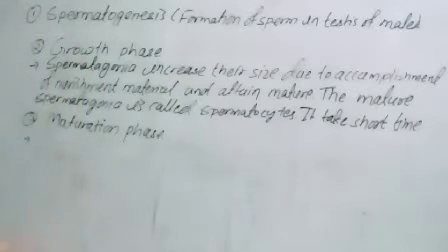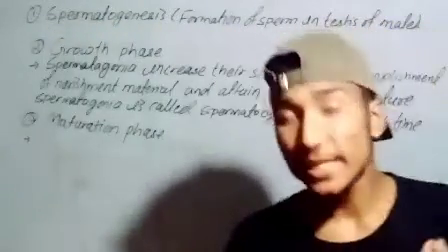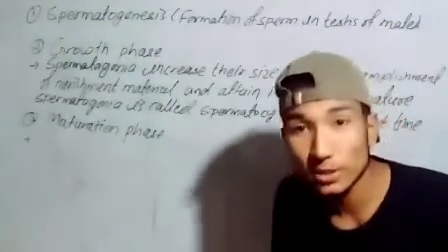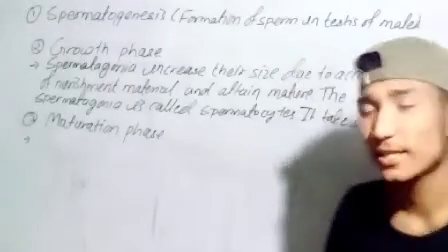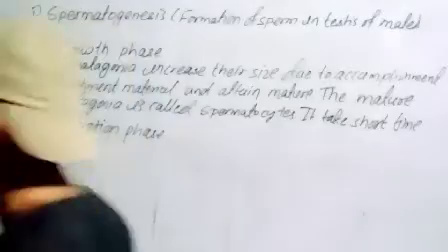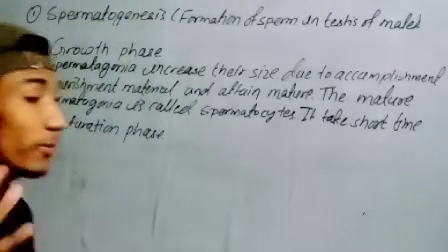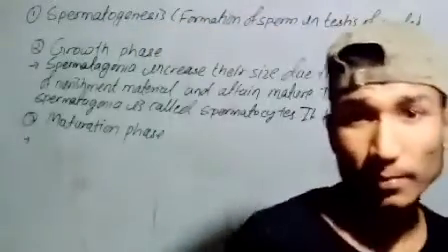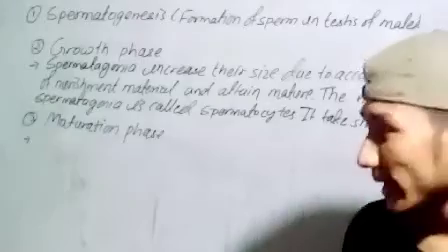That primary spermatocyte undergoes the meiosis process, and it is converted into the secondary spermatocytes. And those secondary spermatocytes again undergo meiosis II cell division.